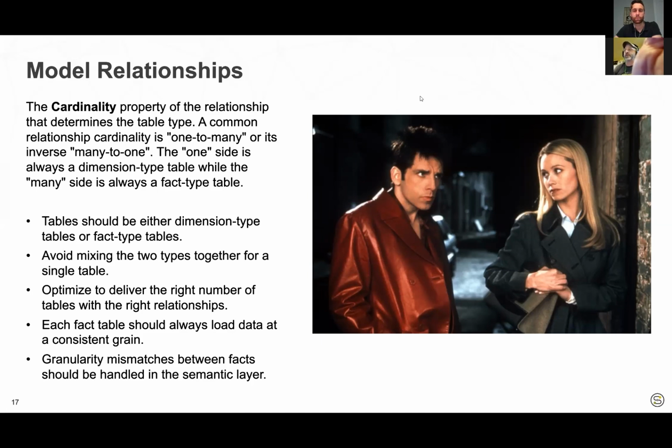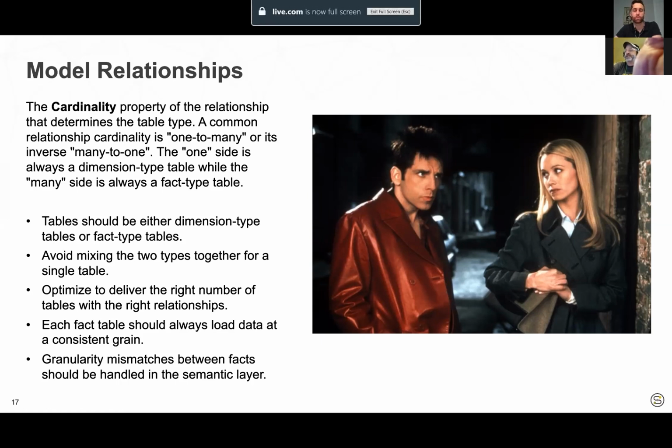And so really, when we want the least ambiguity and the best performance, we try to structure our data so our dimension types always have one side of that relationship, and our facts are always going to have the many. And we definitely avoid, as we've talked about at all the other points through this conversation, mixing the types together.